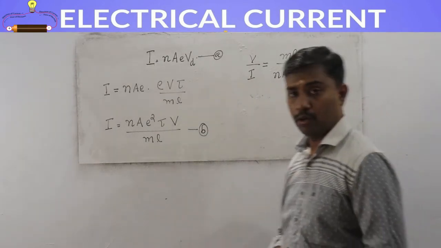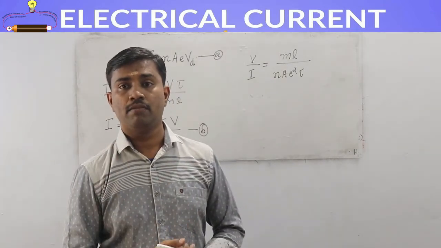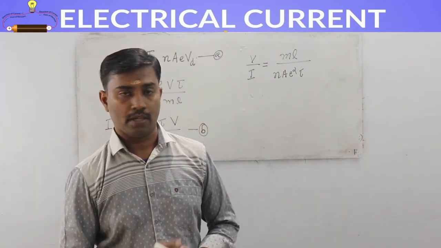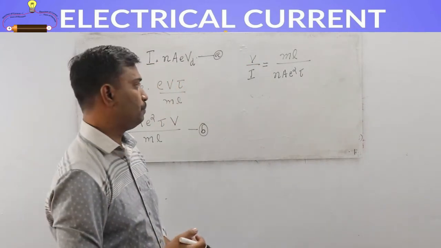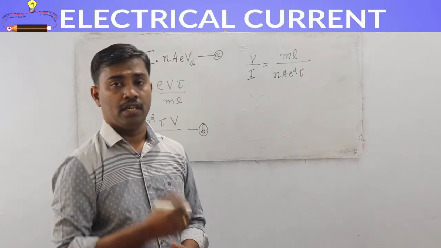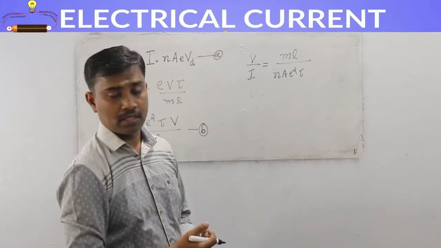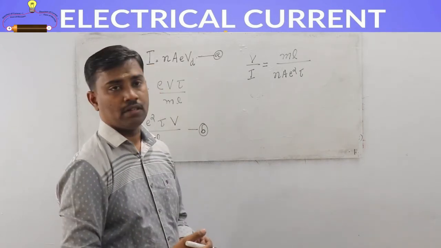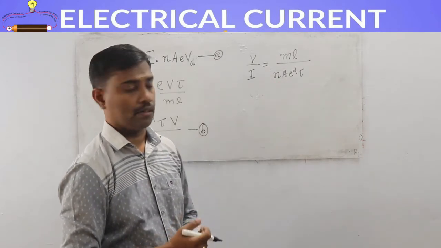According to Ohm's law, the V by I value is a constant. We call it resistance. For a given conductor, the length of the conductor is constant, the charge of the electron is the same, mass is constant, area is constant, relaxation time is constant, and number density is also constant.